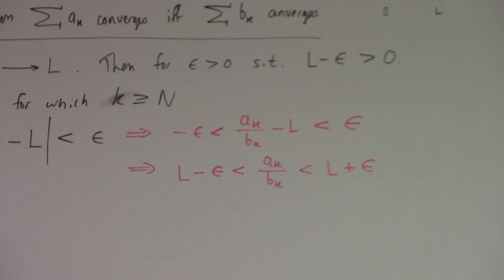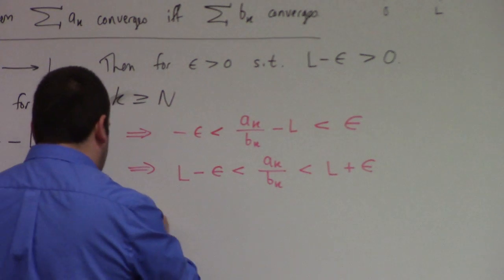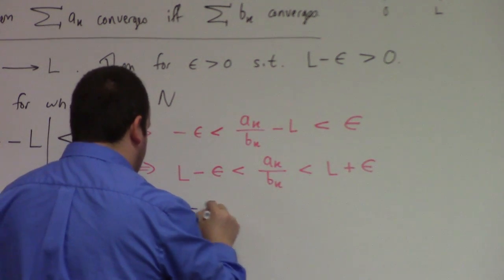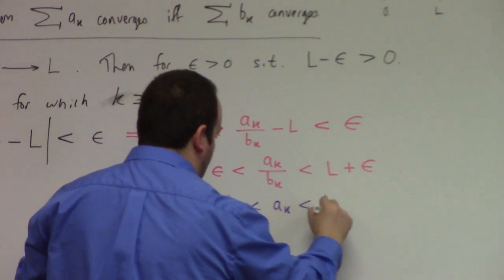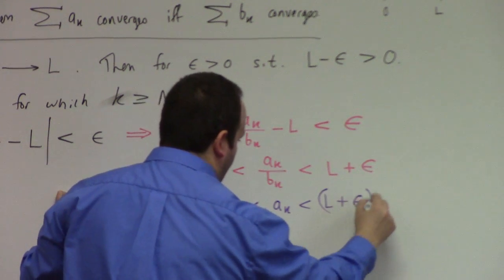All we've got to do is multiply by b sub k. Why can I multiply by b sub k? What did we assume? I assumed that b sub k was positive. So this tells me then that L minus epsilon times b sub k is less than a sub k is less than L plus epsilon times b sub k.